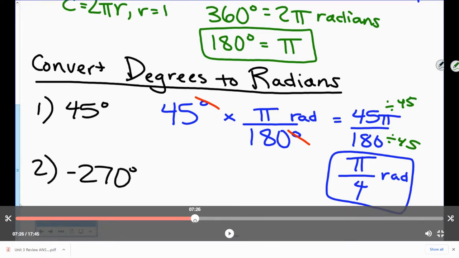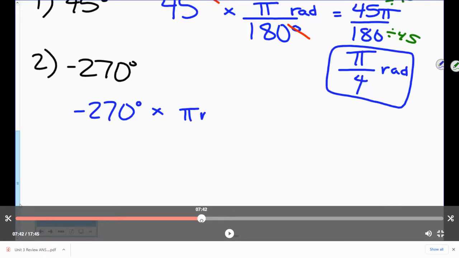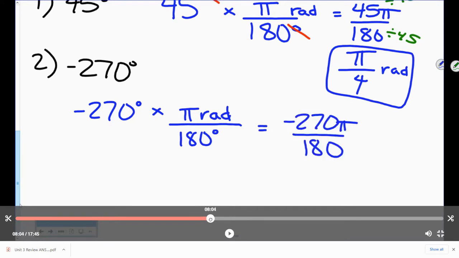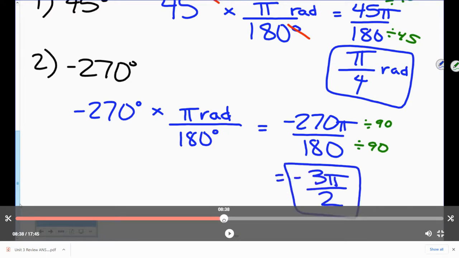All right, for number 2, I have negative 270 degrees. So I'll go ahead and take negative 270 times pi radians over 180 again. And so I have negative 270 pi over 180. Once again, divide each by their greatest common factor, which would be 90. And then you're left with negative 3 pi over 2.